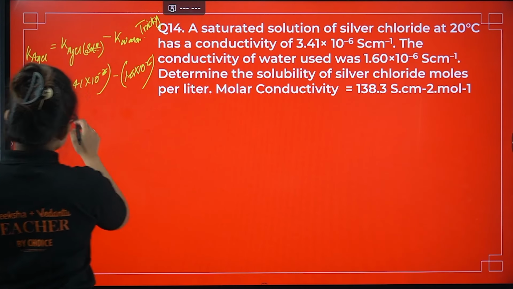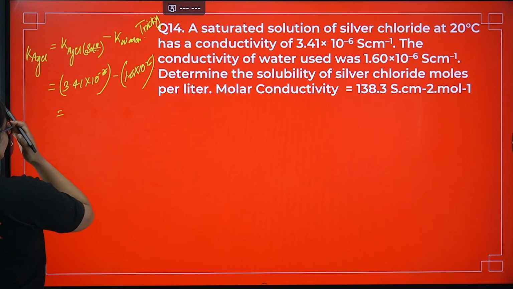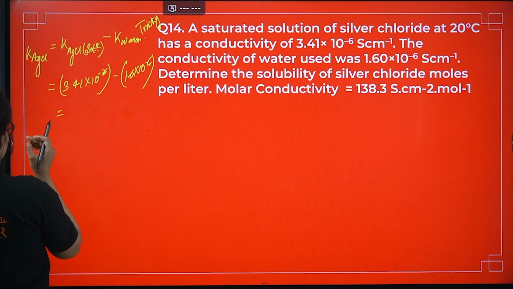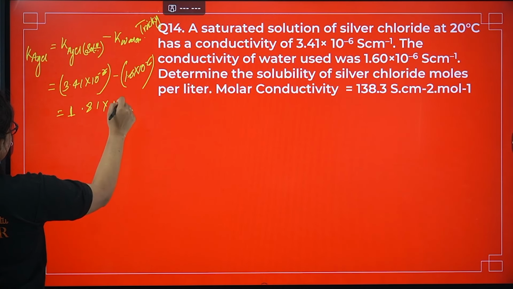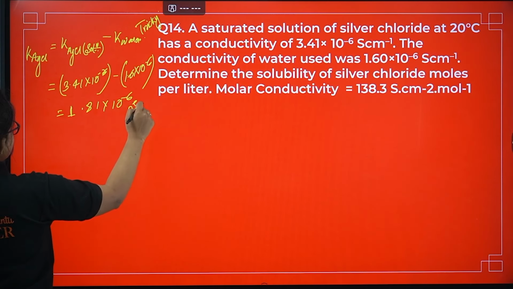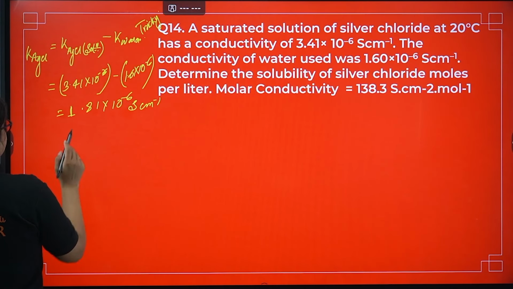If you take 10 power minus 6 common, 3.4 minus 1.6, right? Okay, this is 1.81 into 10 power minus 6 Siemens centimeter inverse. Okay, so kappa of AgCl we got.